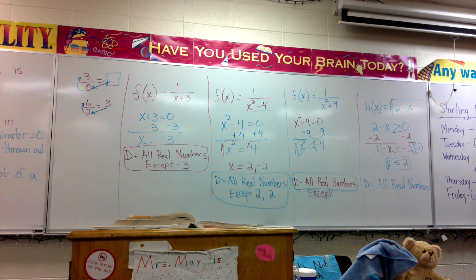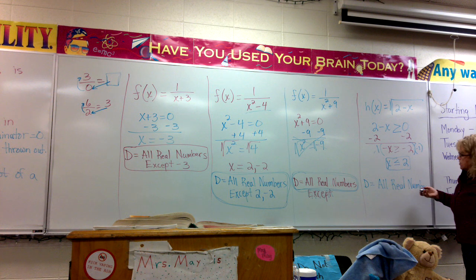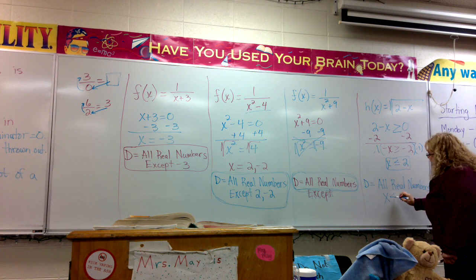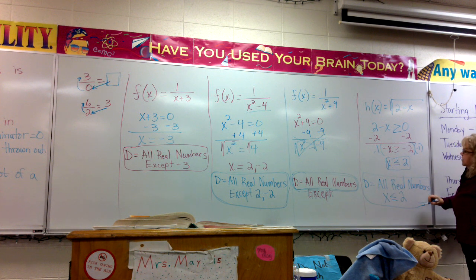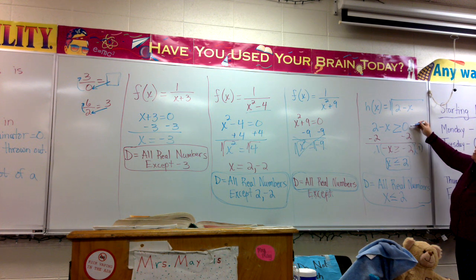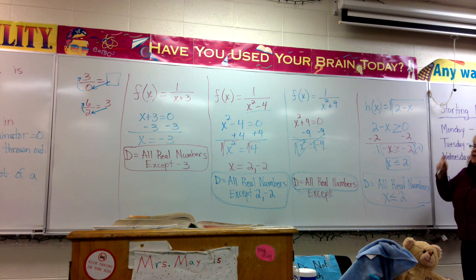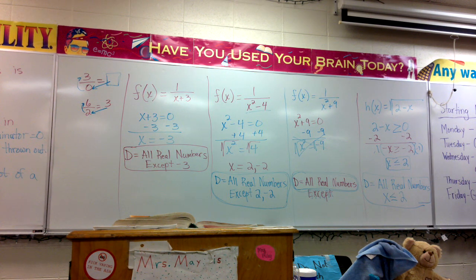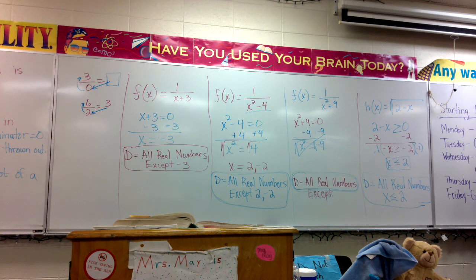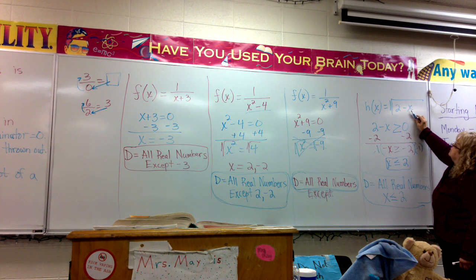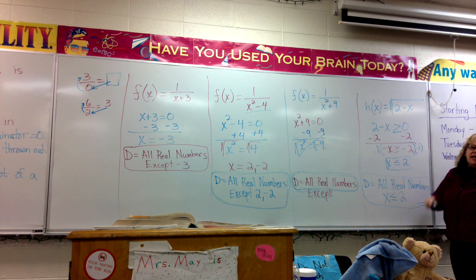What's my domain? All real numbers where x is less than or equal to 2. That's my domain. I set it greater than or equal to 0, and then whatever I get, that's my domain. Anything greater than 2 won't work because we're going to be subtracting something bigger, and that'll be a negative number.